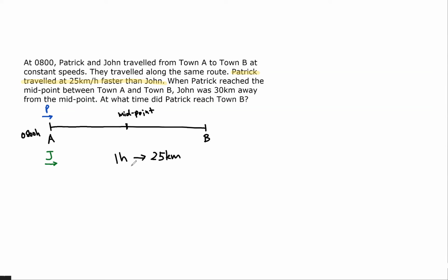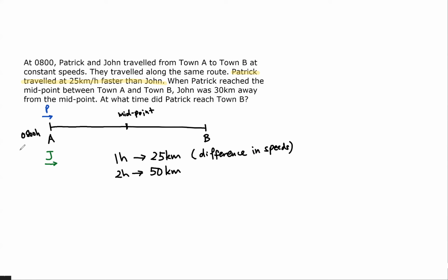So for 1 hour, they will be 25 kilometers apart. And if it's 2 hours, they will be 50 kilometers apart, and so on. So this is the difference in their speeds causing the difference in their distances. All right, this is the difference in their respective speeds.